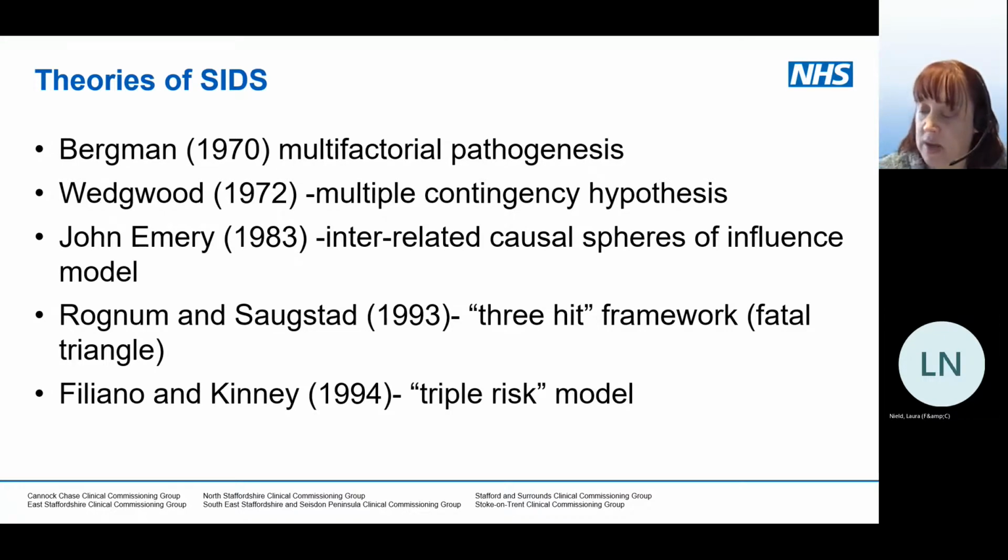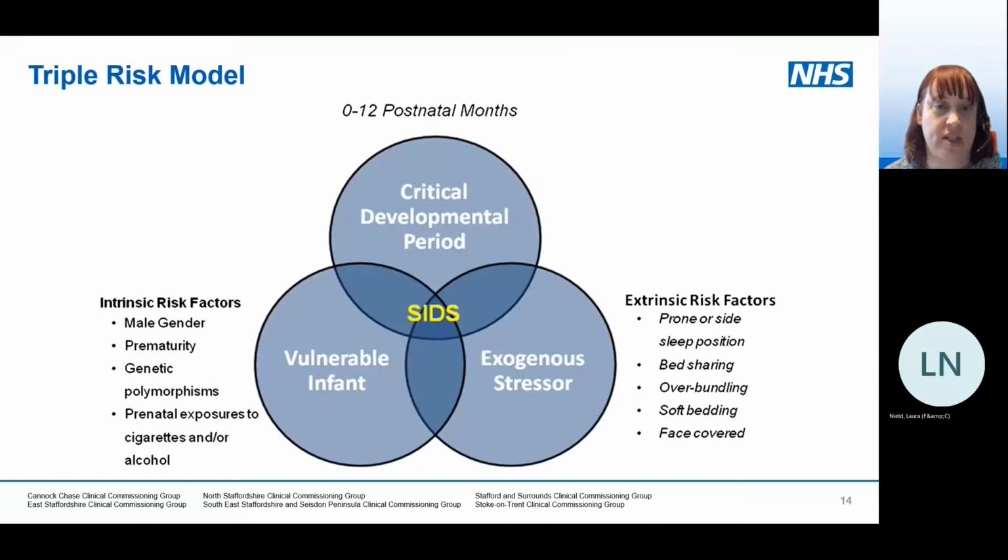And then the best known model is Filiano and Kinney, 1994, the triple risk model, or the triple risk hypothesis. So we're going to look at that one a little bit further just here.